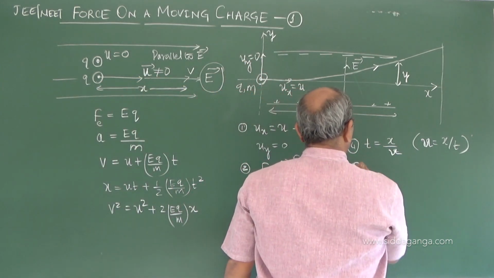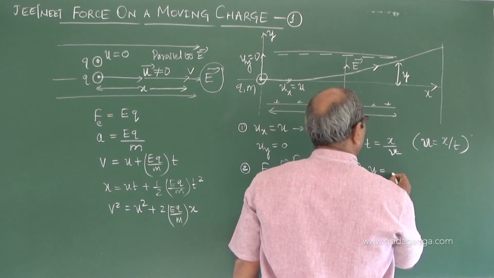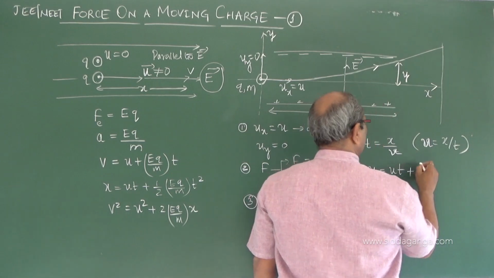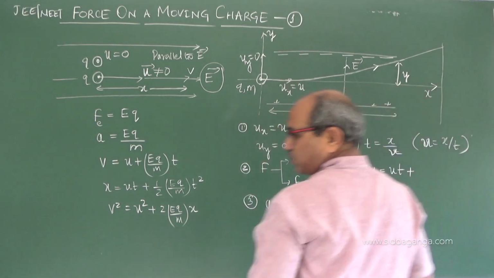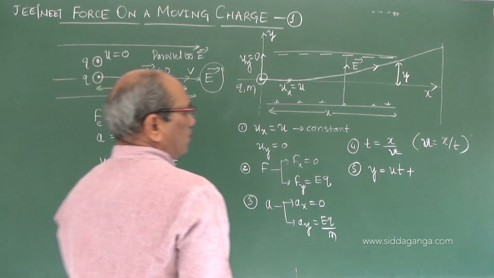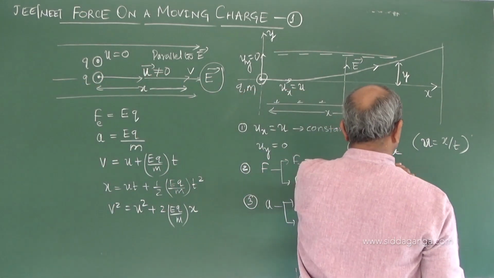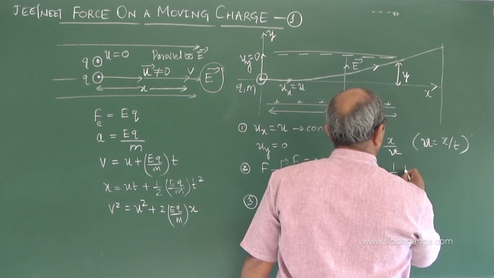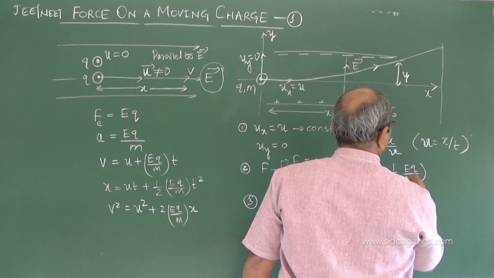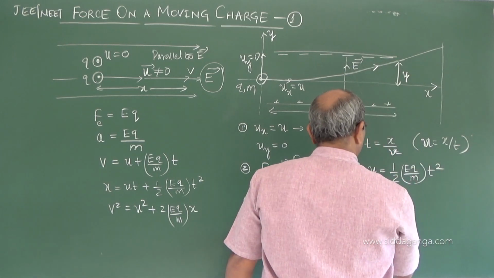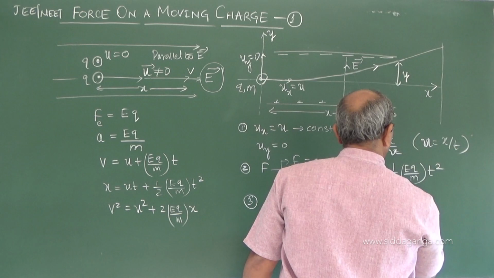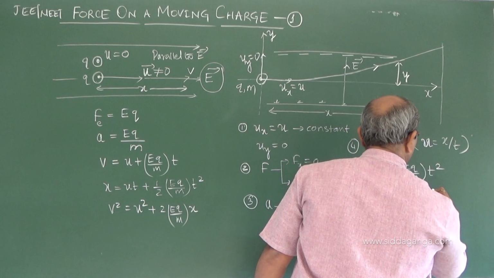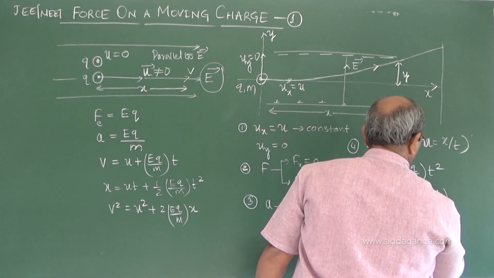So I can write the y distance covered is u y t plus half a t square. Uy is 0, therefore I am not writing this. Only take half a t square, which is half EQ by m t square, or y is equal to half EQ by m into x by u whole square.